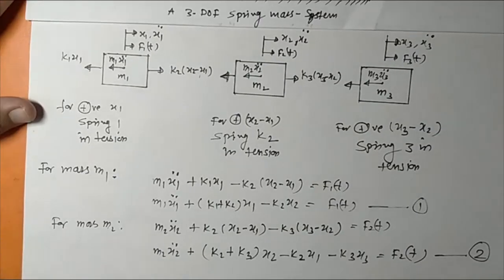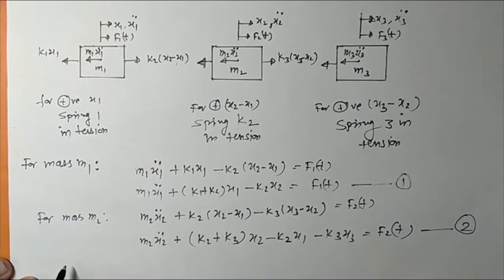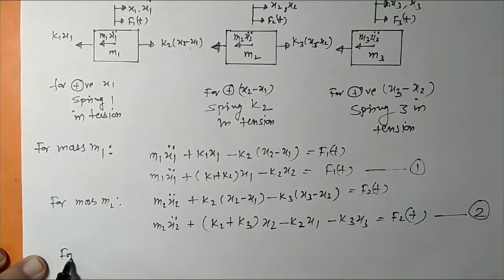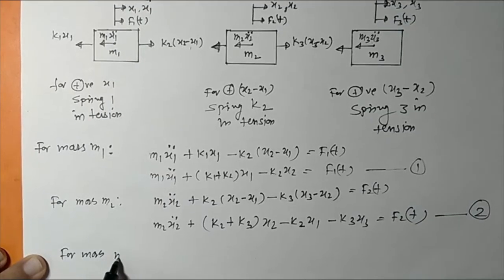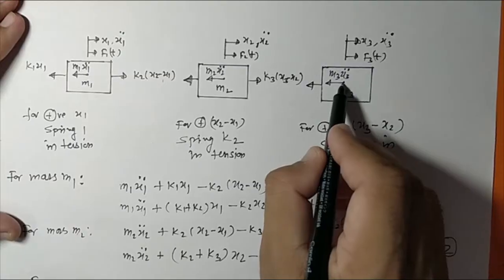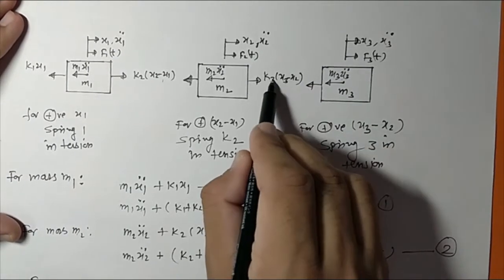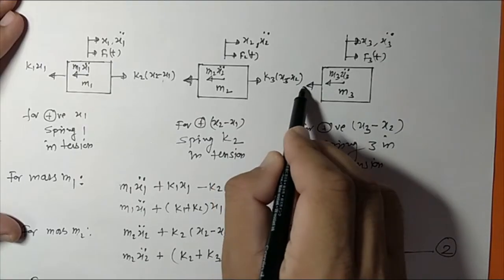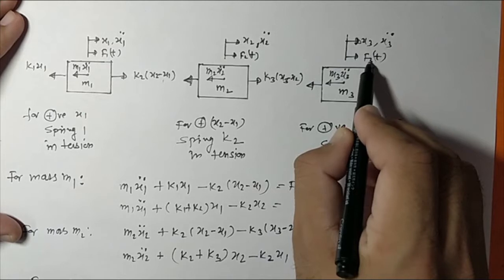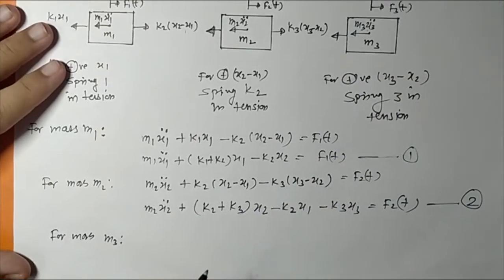Similarly, if we apply the force equilibrium on mass m3, so for mass m3, there is m3 x3 double dot in this direction, one force which is k3 (x3 minus x2) in leftward direction, and one external force which is f3(t) in rightward direction. So we'll apply the force equilibrium.